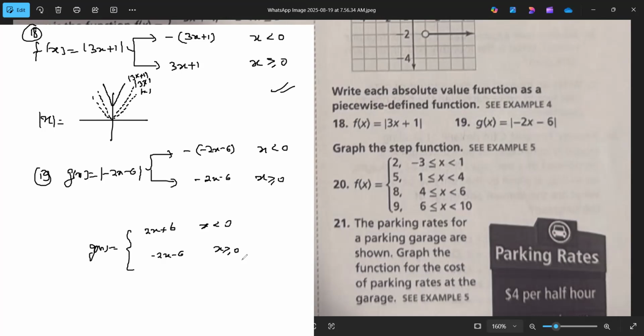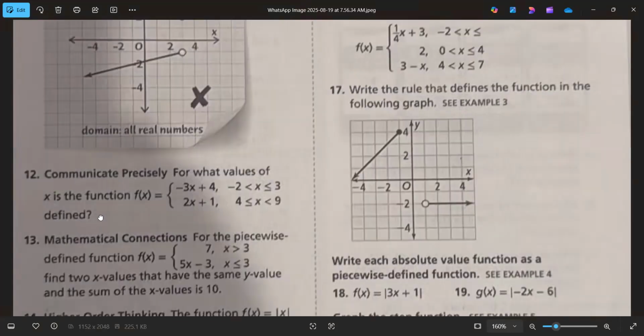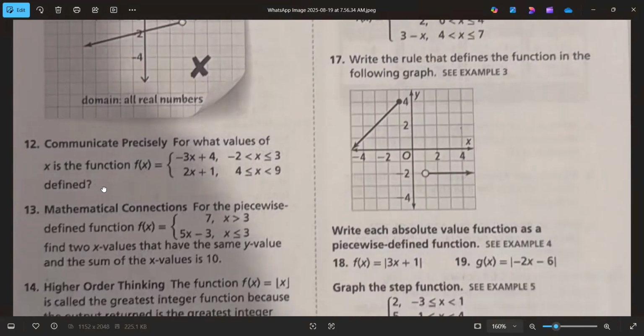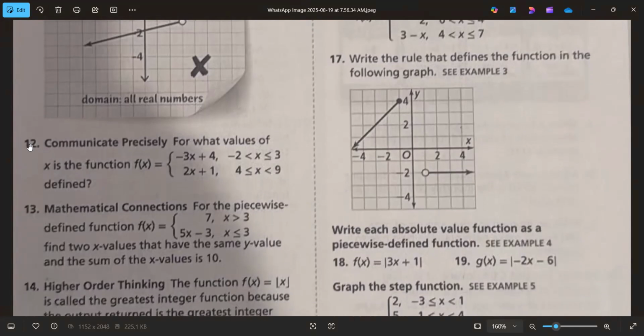Question 17. Write the rule that defines the function. Okay, it's very easy.